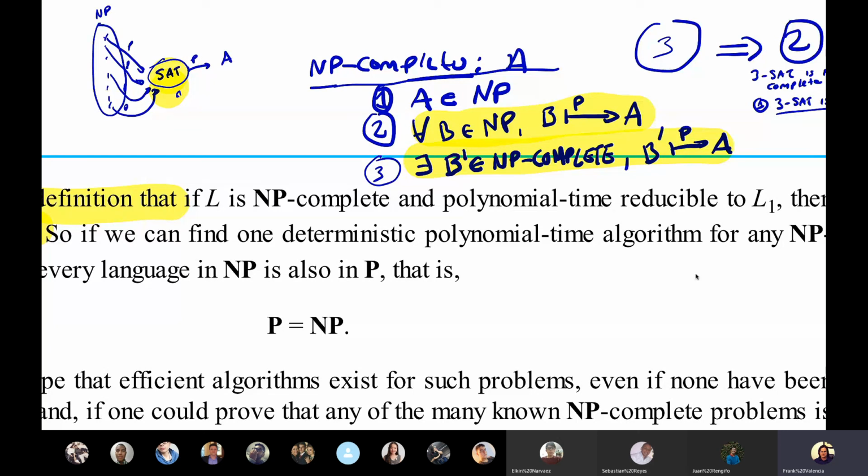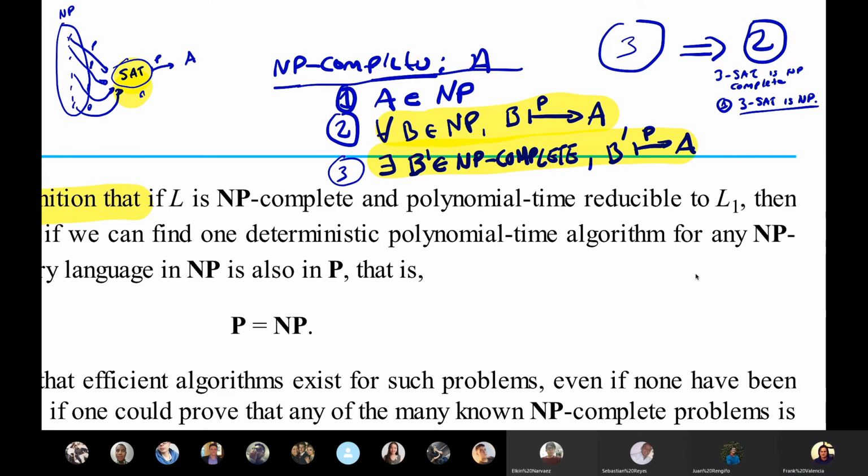NP, whenever you do an exercise of this, remember, the first part is trivial. You just need to know how to verify in polynomial time. The second part is the most difficult, but we do it for number 3, which is actually very difficult. So you need to reduce a known NP complete problem to it.